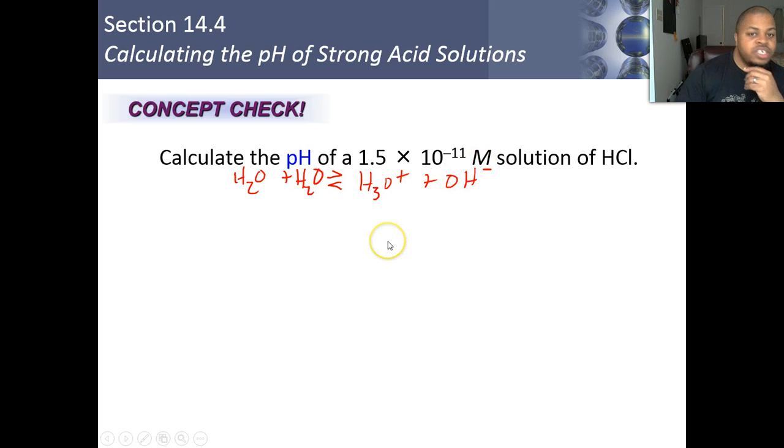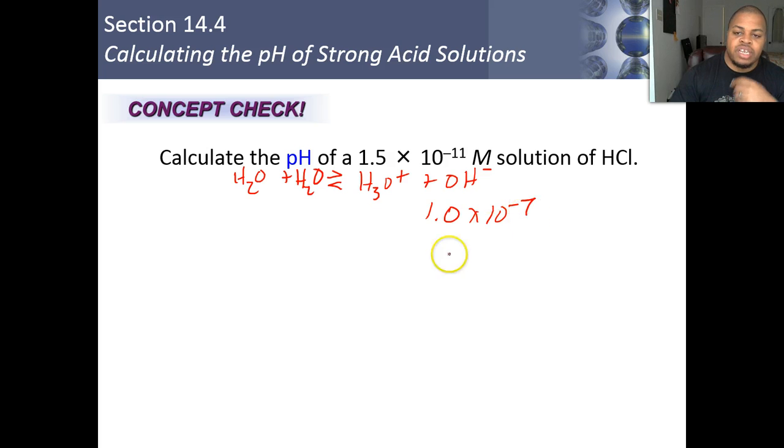And our concentration value that we're going to look at here is going to be equivalent to 1.0 times 10 to the negative 7.